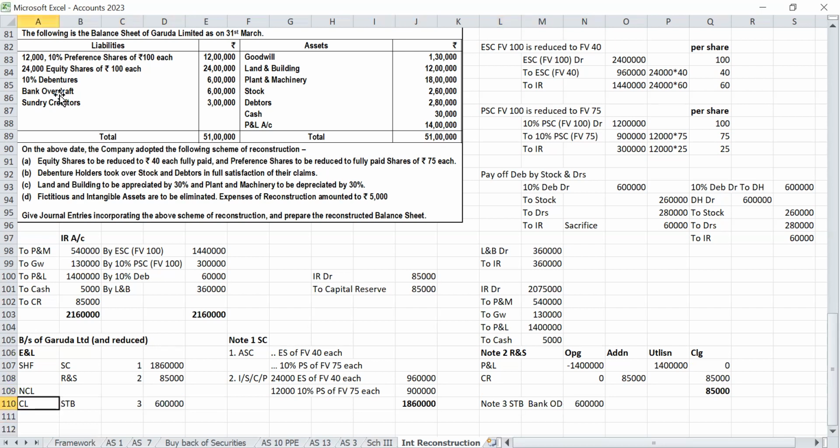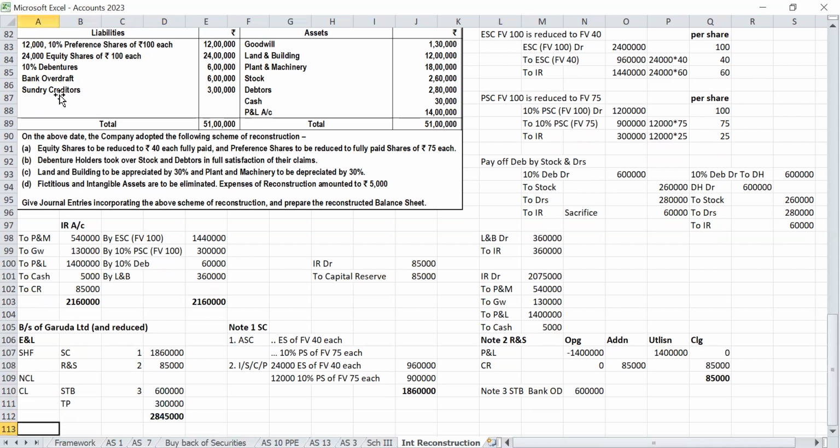Next, trade payables 3 lakh. Assets, non-current assets, PPE and intangibles, note number 4. PPE: land and building, plant and machinery.